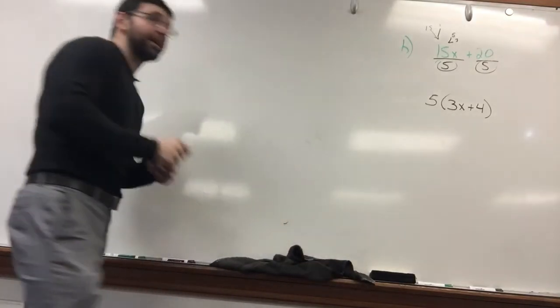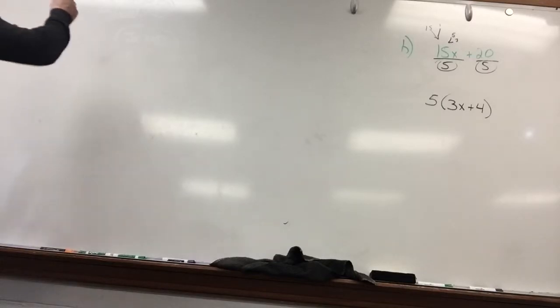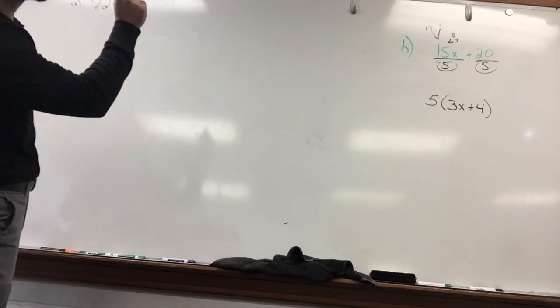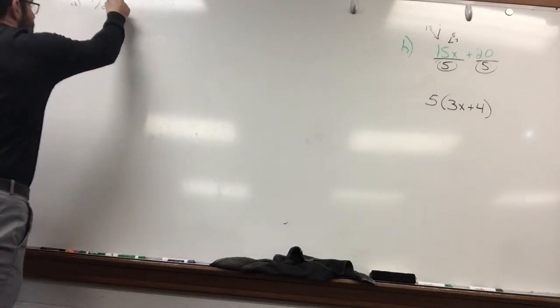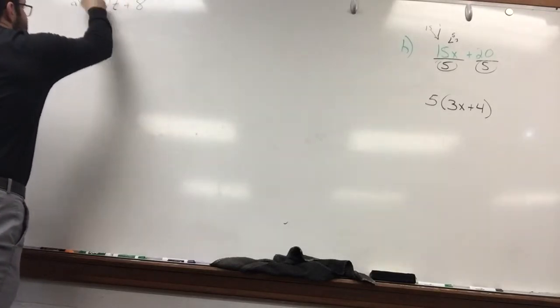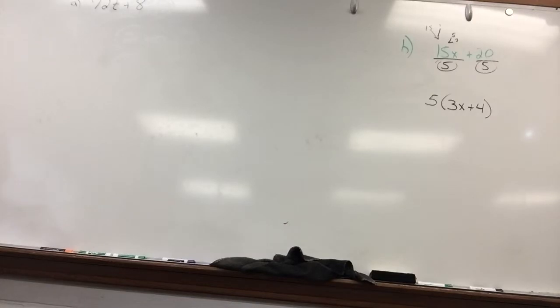So the thought process is always to look at which number. Which number should we look at first? Jaden. The smallest number. So if I look at letter A, it's 72Z plus 8T plus 8. Which number am I going to see is my GCF?